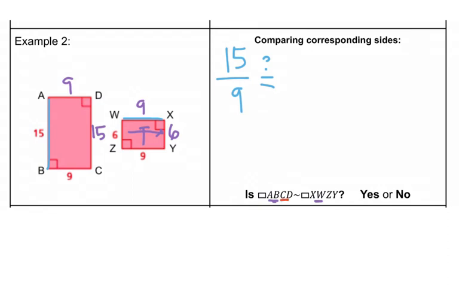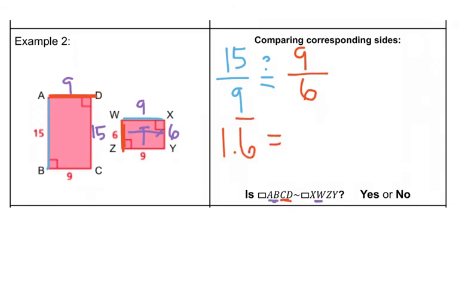let's go with the other side. So AD, which is 9, divided by the other side of the rectangle, which is WZ, which is 6. So we have 15 divided by 9, that gives us 1.6 repeating.